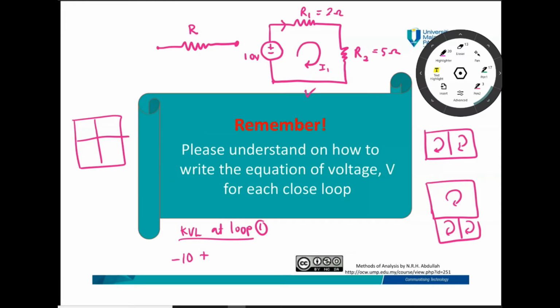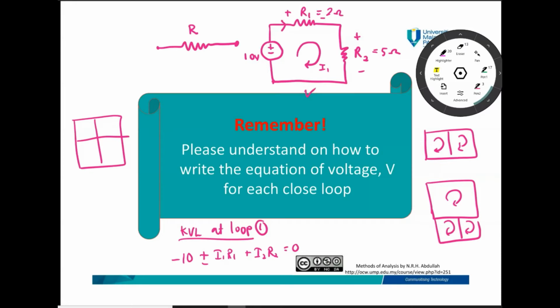If you take a look, the current is entering your R1, and then its polarity should look like this one, and of course it will become positive. So I1 times R1, this is Ohm's law, plus the V at R2, I2 times R2, equal to 0.